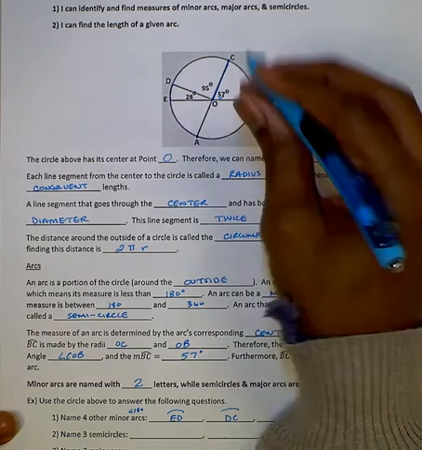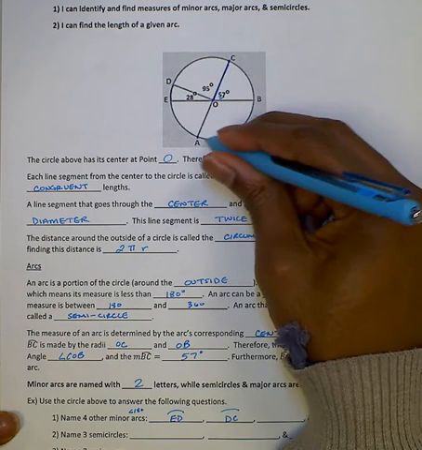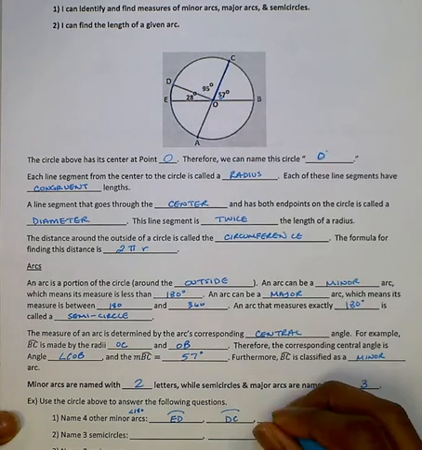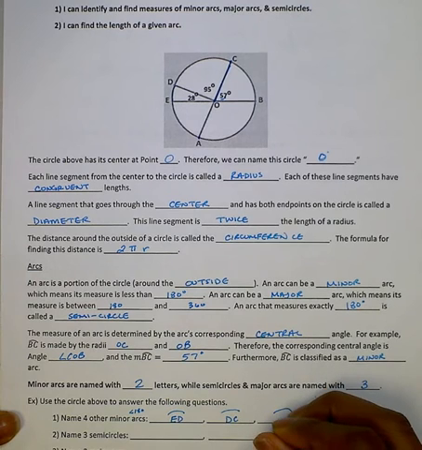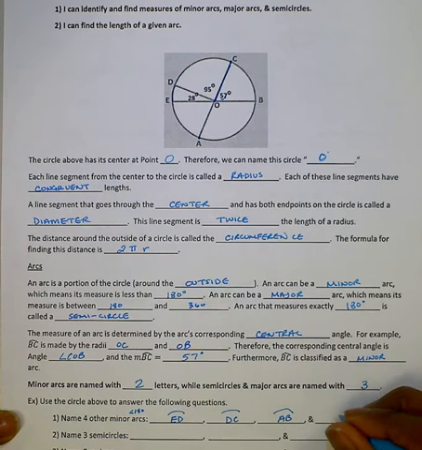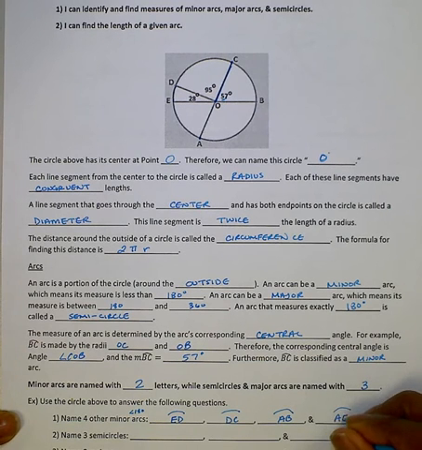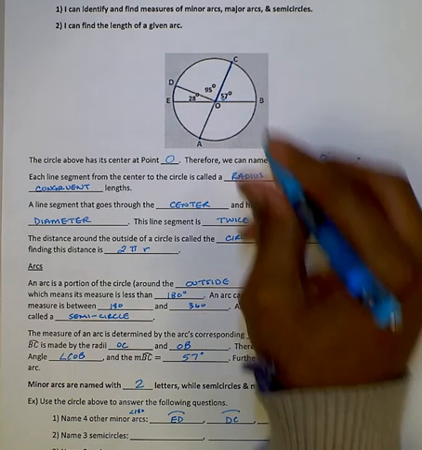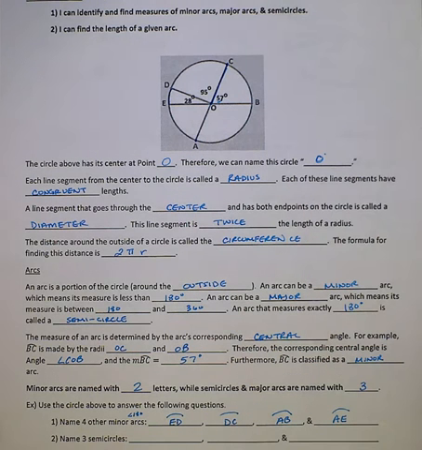I already named that one. We could name AB. I don't know what that is, but I know it's less than 180 degrees at this point because a semicircle would be 180. And then also arc AE. Again, we could try to find out what these are later, but I know that they're less than 180 degrees. Actually, let's spend some time doing that.